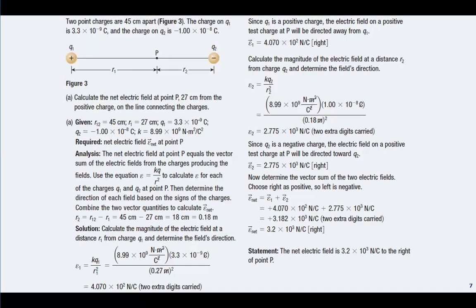Therefore, the electric field at point P due to Q2 is also pointing to the right. Therefore, the net electric field at point P due to point charges Q1 and Q2 is the vector sum of the two electric fields, epsilon 1 plus epsilon 2, which gives us 3.2 times 10 to the power of 3 newtons per coulomb.